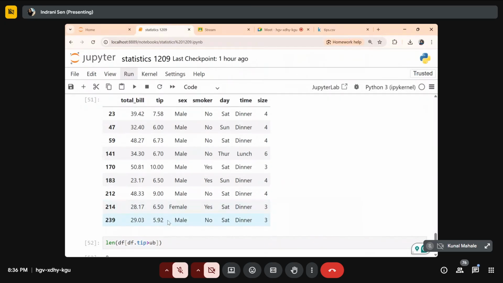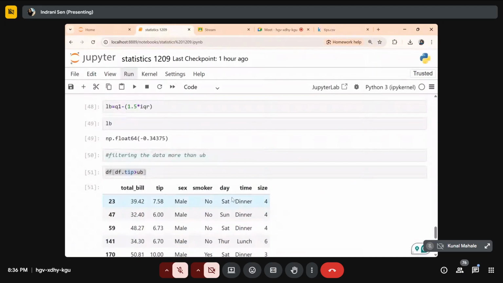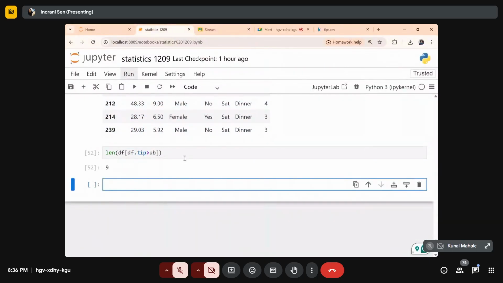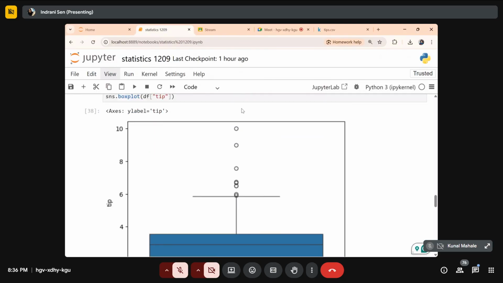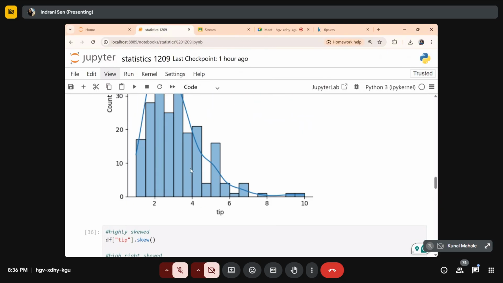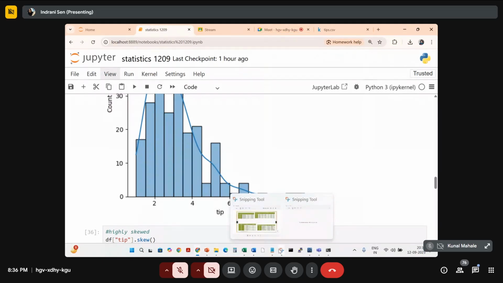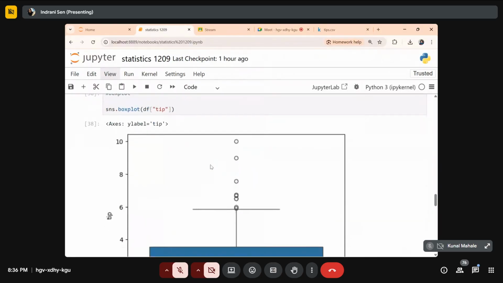These are considered to be outliers, and because of that, this tip data is actually getting skewed. Have you understood? Are you understanding this concept?